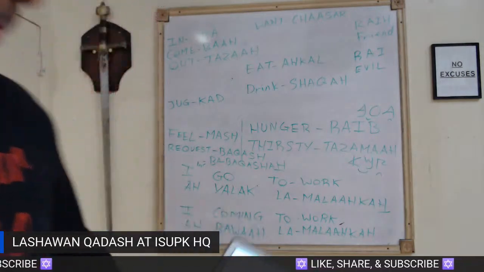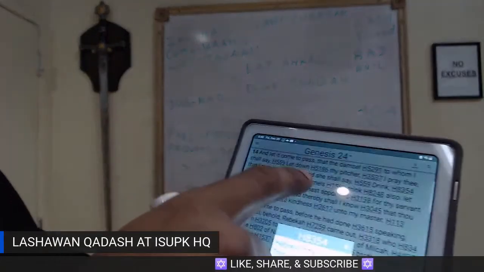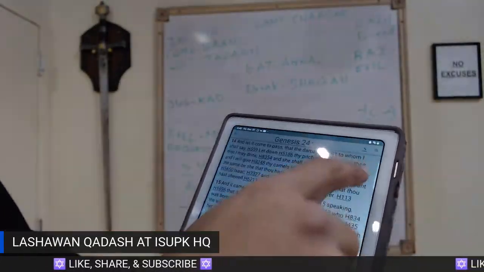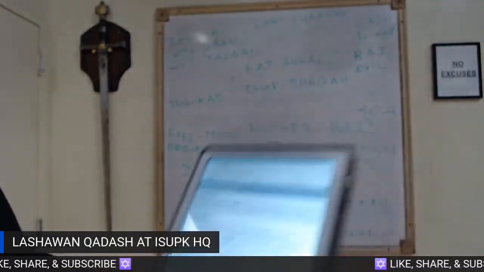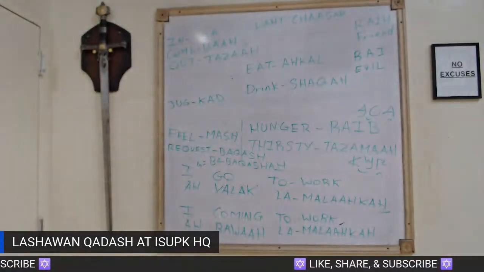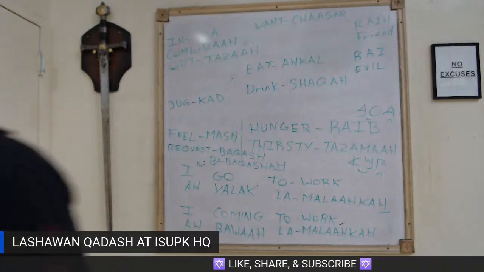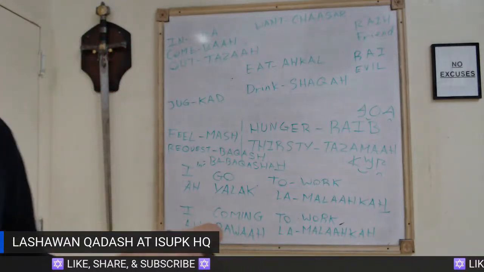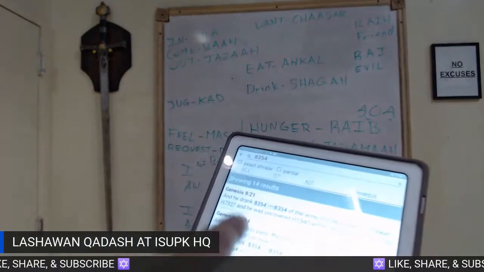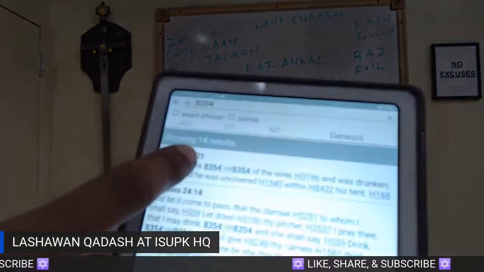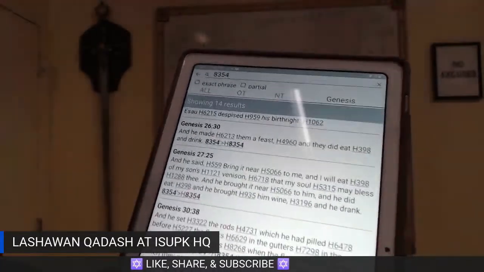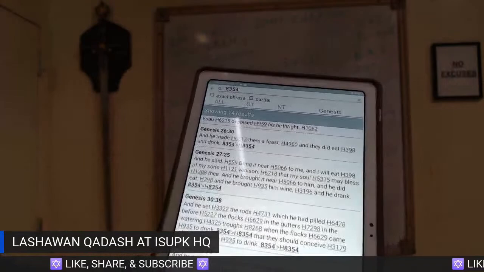Okay. And it says if I drink, it says Shatha. It's Shatha everywhere. So Shatha, the first one, was more correct. Let me put in drink and see which one comes up more. This comes up 8354. It says it only has 14 results. It's only present in the book of Genesis.